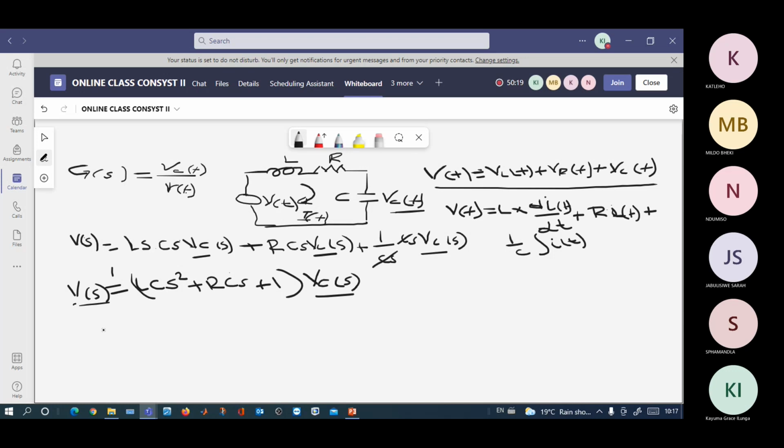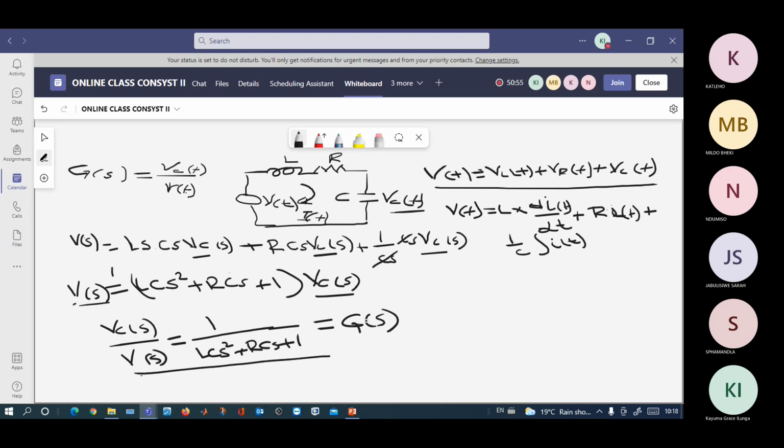This is going to give us VC of S over V of S equal to 1 over LCS square plus RCS plus 1. Here we have found our G of S, which is the transfer function of this electrical circuit when the capacitor voltage is the output.